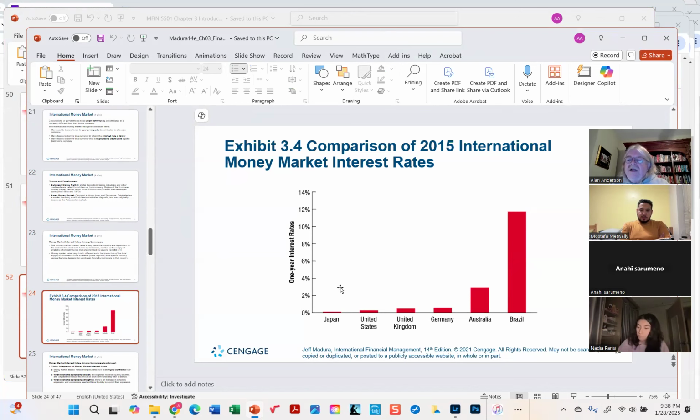So their interest rates are very close to zero, and they have been for decades, really. The United States has relatively low interest rates. And as we work through the list, you can see there's a pretty strong connection between these interest rates in the money markets and the inflation rates in those countries.